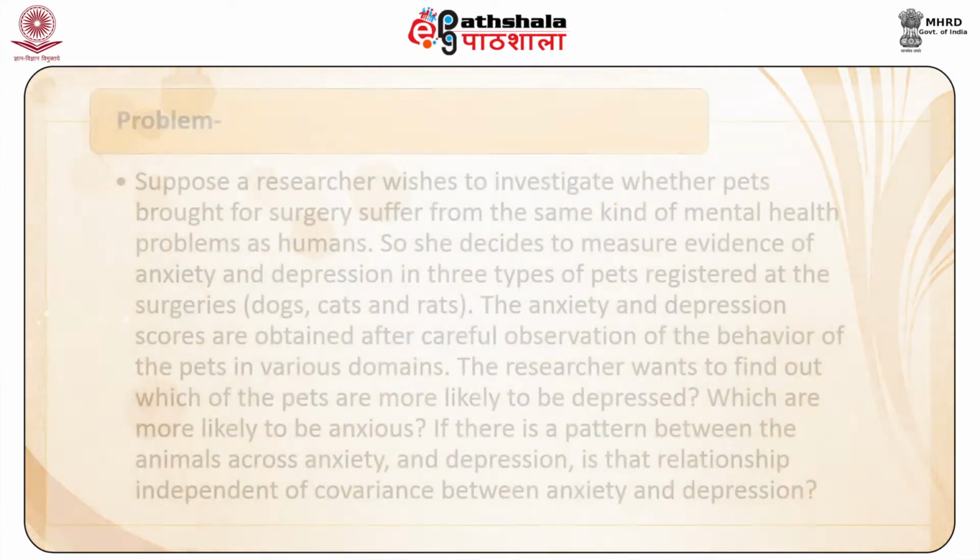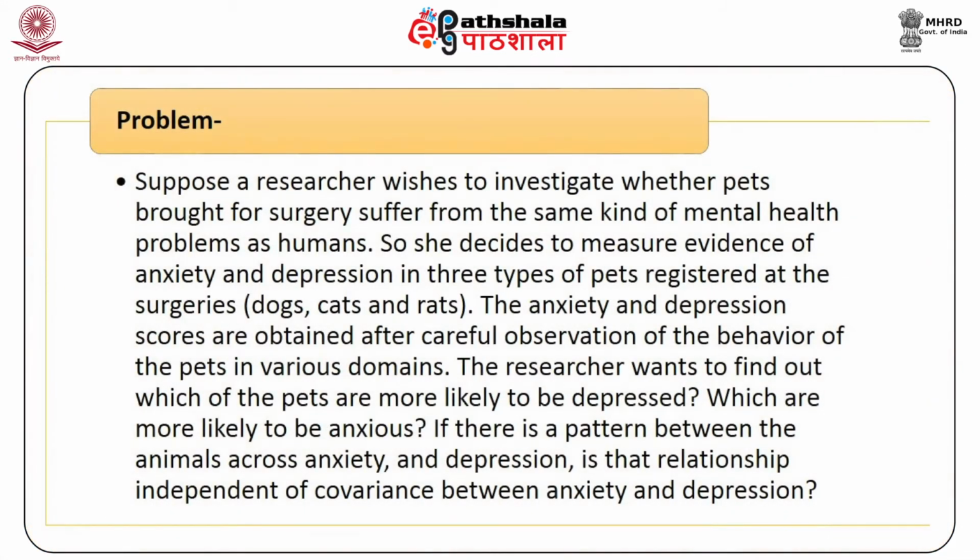but for the purpose of application and elaboration, an example has been chosen for you. Problem: suppose a researcher wishes to investigate whether pets brought for surgery suffer from the same kind of mental health problems as humans. So, she decides to measure the evidence of anxiety and depression in 3 types of pets registered at the surgeries. The 3 pets are dogs, cats and rats. The anxiety and depression scores are obtained after careful observation of the behavior of the pets in various domains.